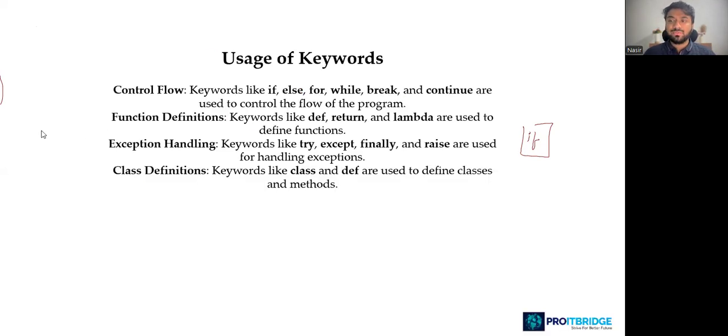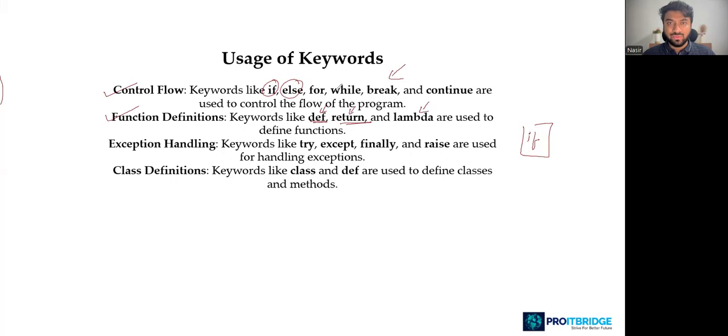Now, what is the purpose of keywords? They help us with control flow. Just now we were talking about if, elif statements, which give the decision making ability to the program. Then for defining a function or a class, we use keywords like def and return. We'll try to understand this in the functions video: what is def, what is return, what is a lambda function.